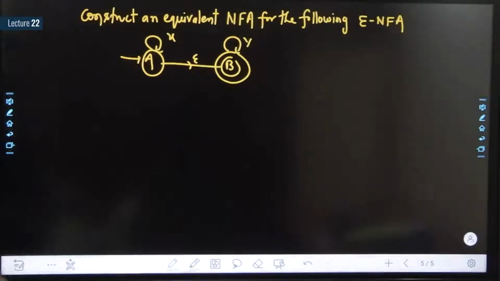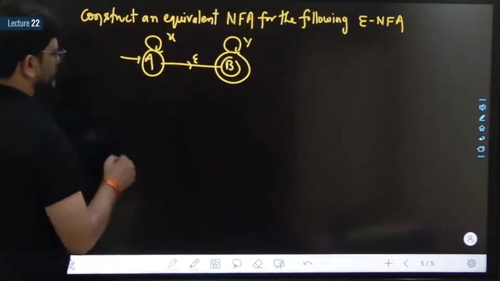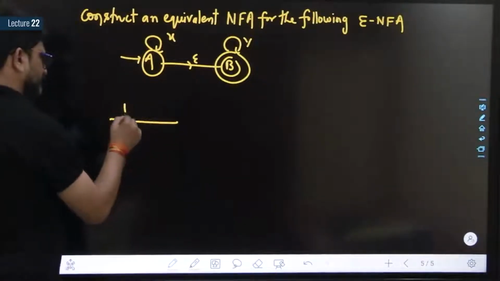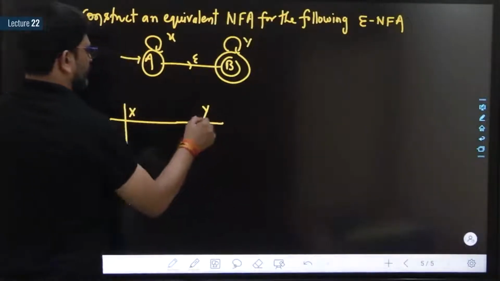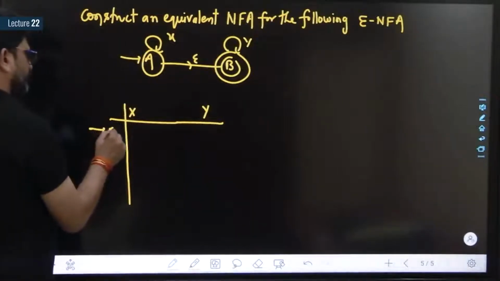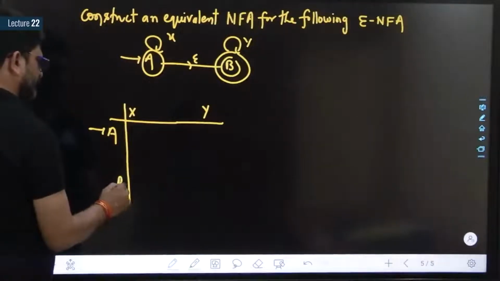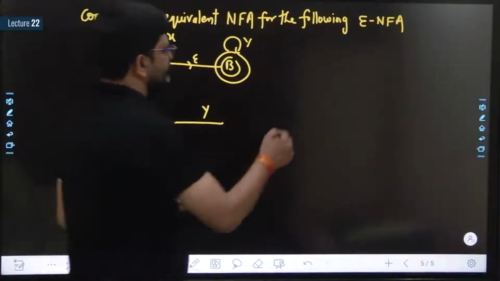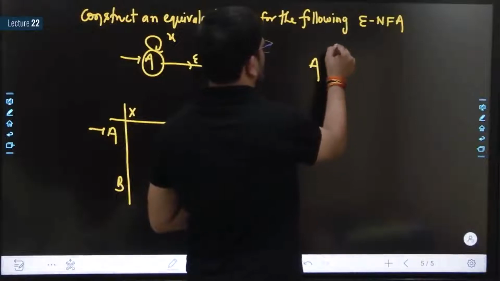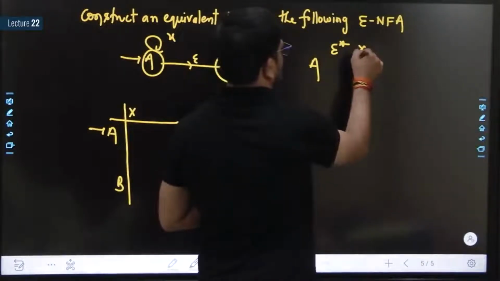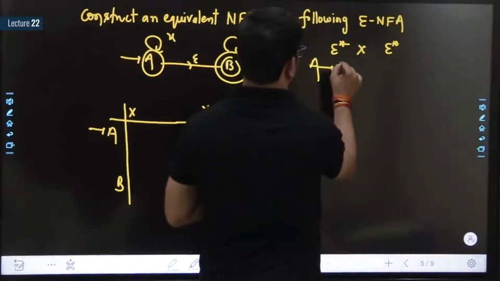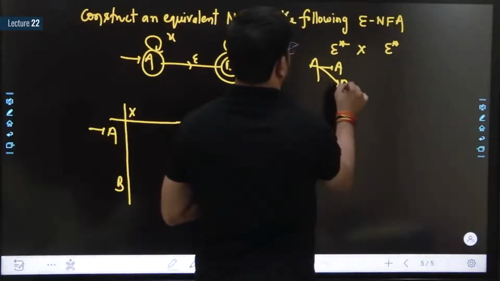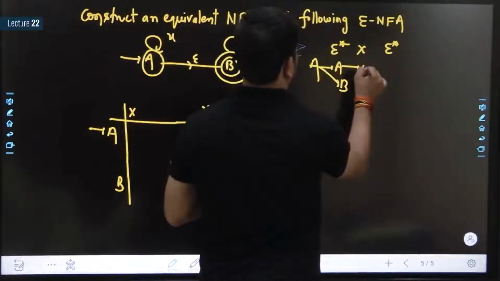Yes, see. X, Y; A, B. A on X. Epsilon closure of A and B. A on X, A. B on X, phi.